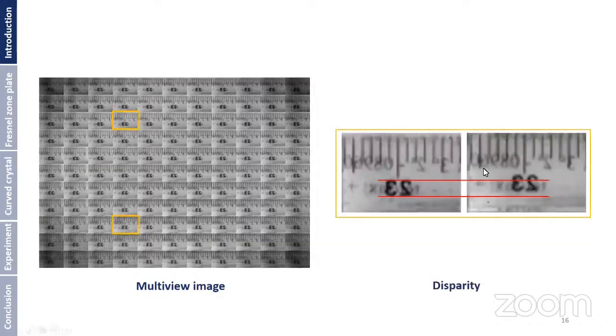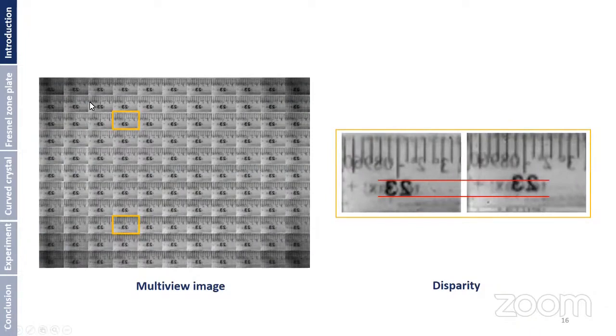Accordingly, we can see the shift of an object between the images at different angles in the multi-view image. This is called disparity, and the disparity reflects the depth information of the object.